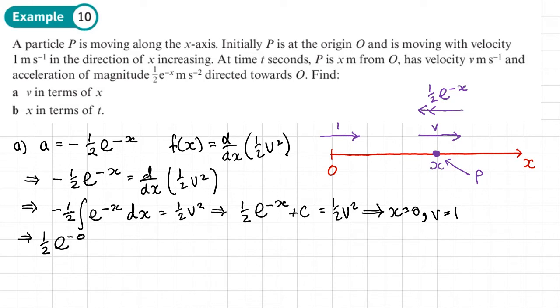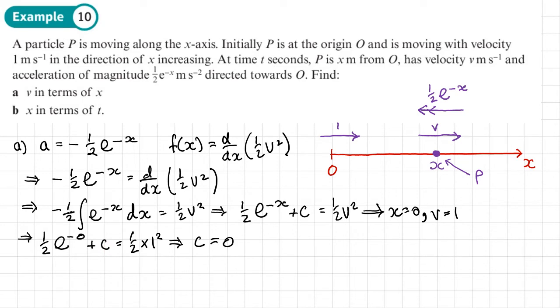Be careful, e to the power of negative 0 is not 0, it's 1. That's a common error. That equals half times 1 squared. So you've basically got half plus c equals a half, so c is equal to 0.